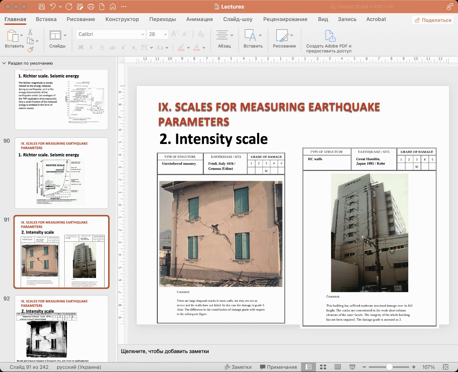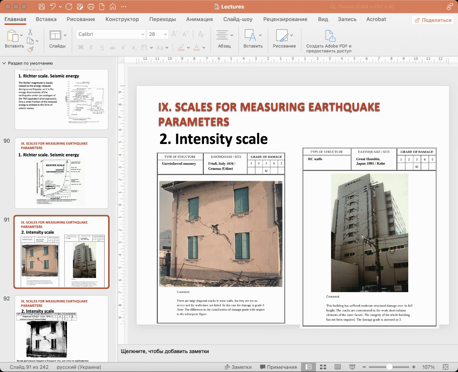The next scale that we will discuss during our lectures is the intensity scale. The intensity scale is the engineering scale, and all building codes are connected with it. Eurocodes, Ukrainian codes, and other countries' codes are connected with intensities.